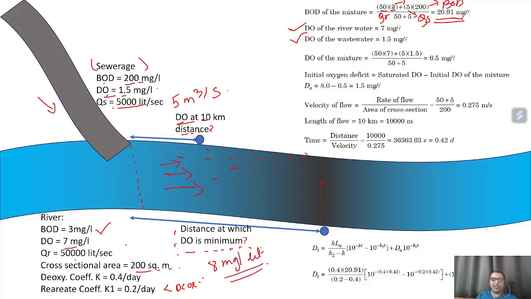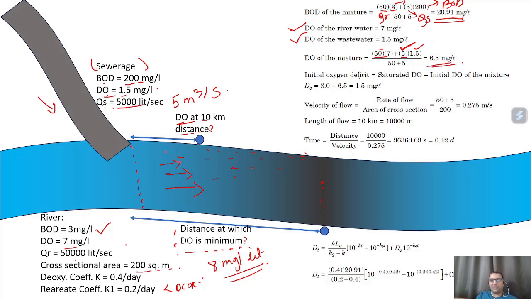So DO of a mixture is again calculated: 50 into 7, where 50 is again the quantity of water flowing per second and 7 is the DO of river water, plus the DO of sewerage water times the flow rate of sewerage water, which is 5 meter cube per second. Remember that these terms are given in meter cube per second, and 1.5. So you get 6.5 milligram per liter.